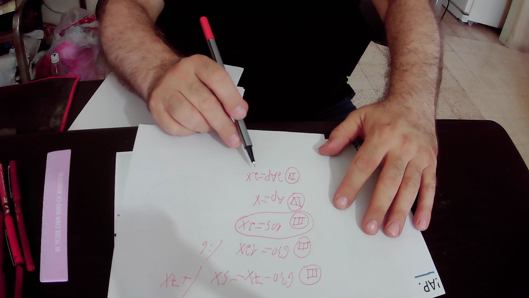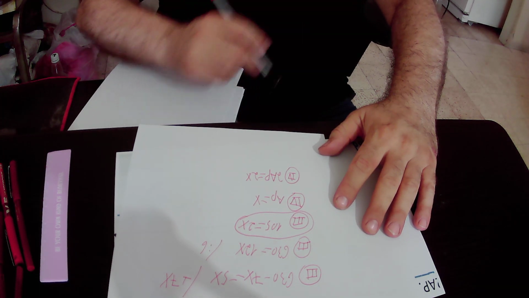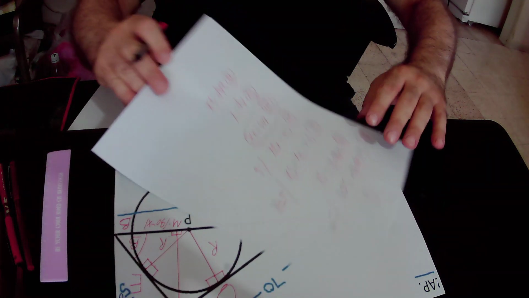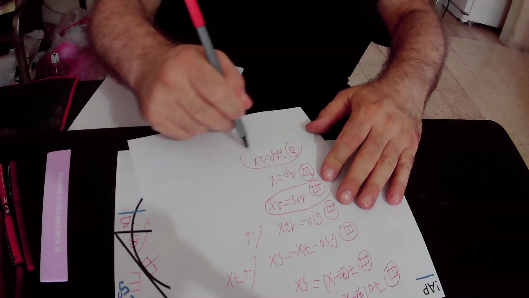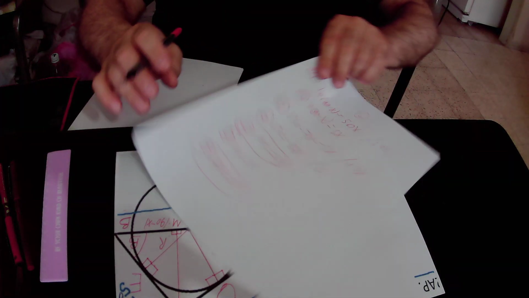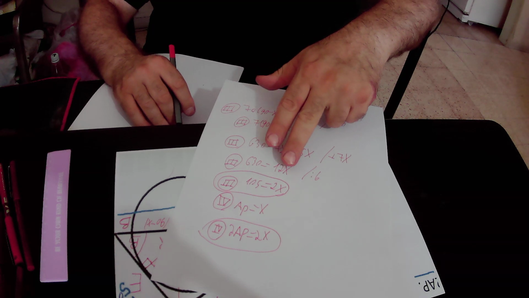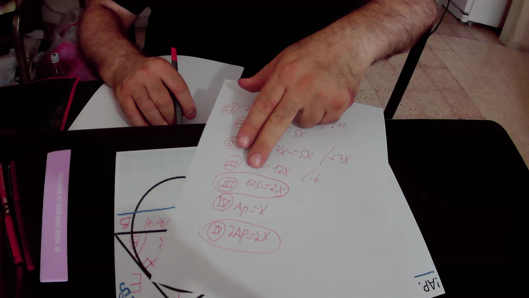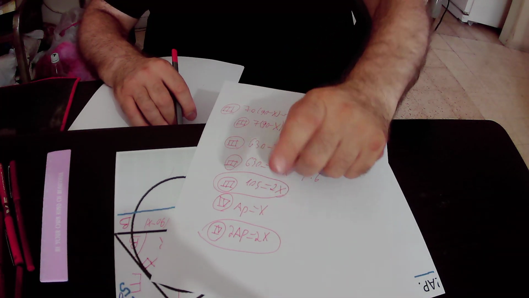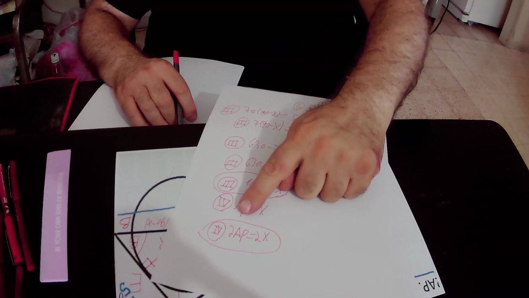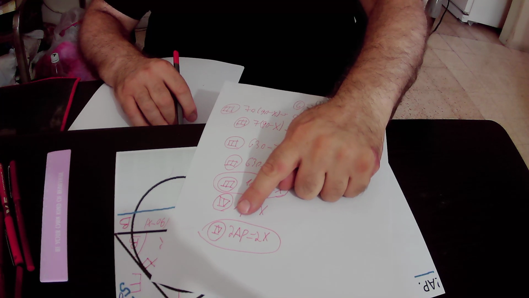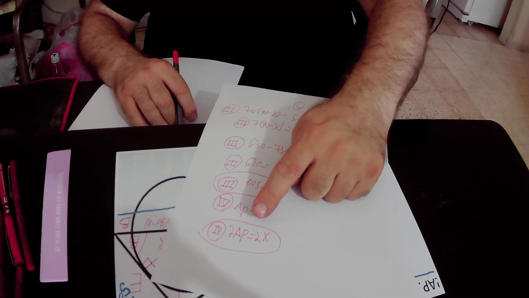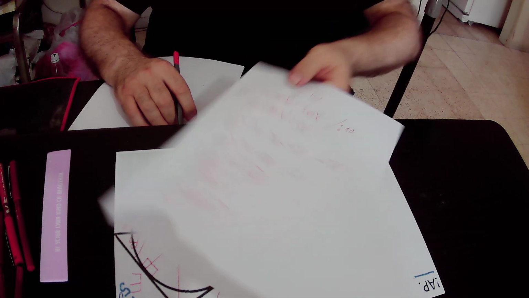Okay? So here in the third equation we have 2x equals 105, and in the fourth equation we have 2 times 6 equals 2 AP. So we combine both those equations into the fifth equation.